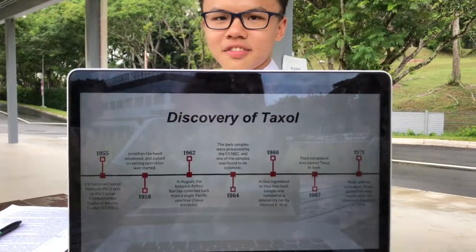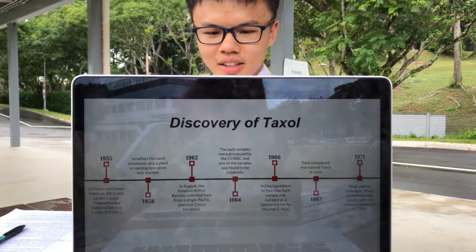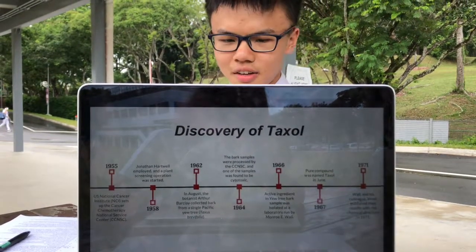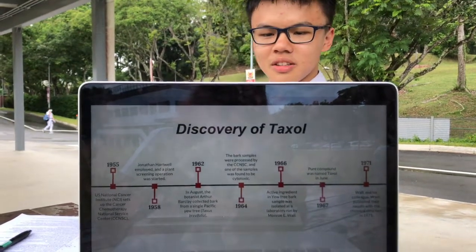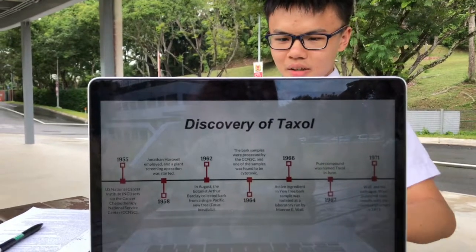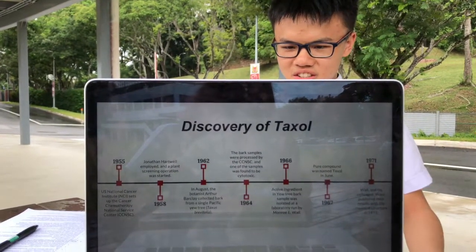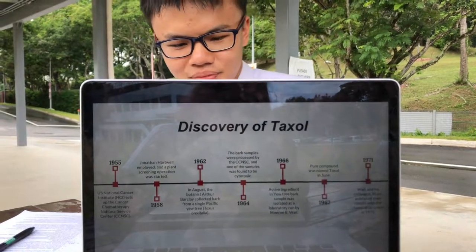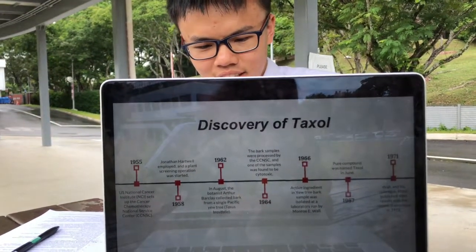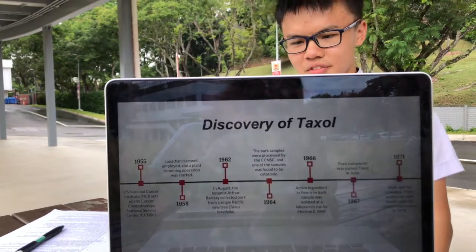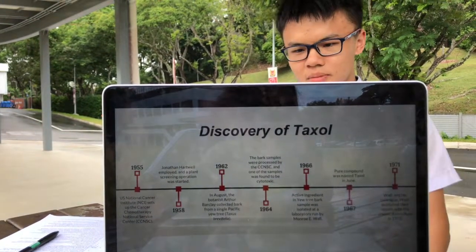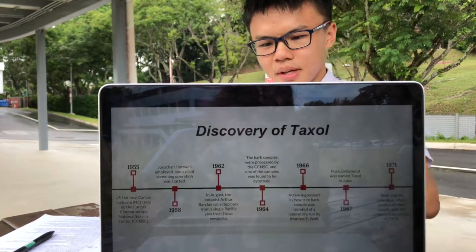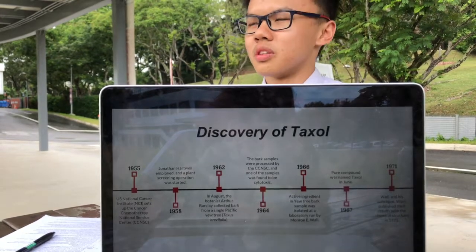The discovery of Taxol starts from early 1955 when the U.S. National Cancer Institute set up a national service center to look for plants that can cure cancer. Later in 1962, they found out that the bark from a single Pacific yew tree may be helpful to treat cancer.